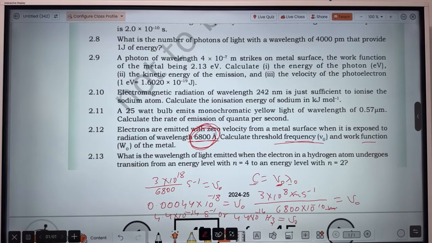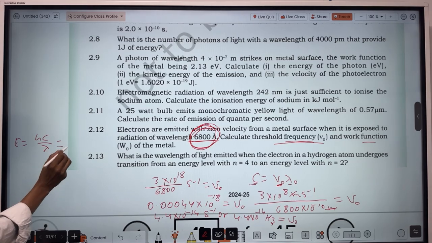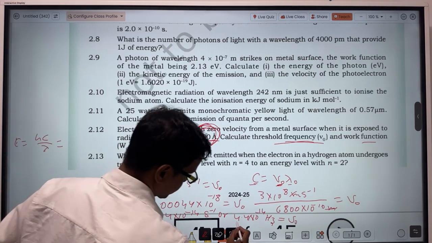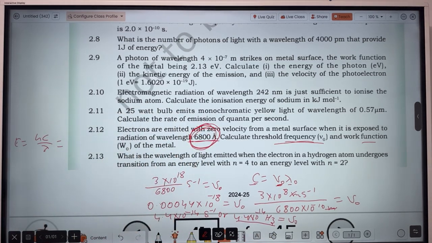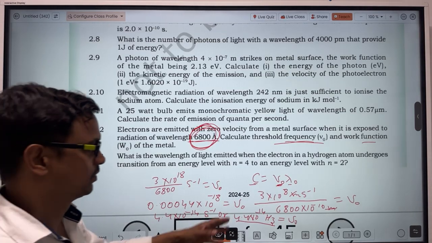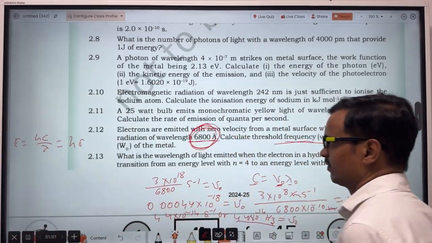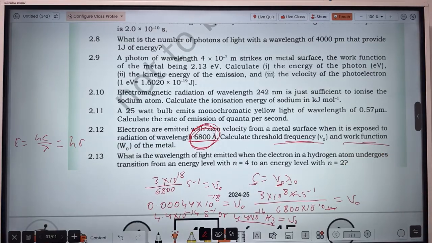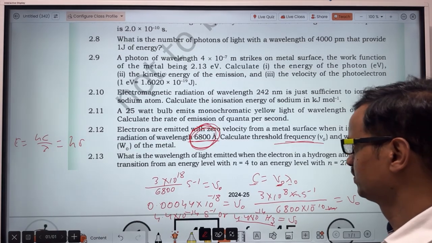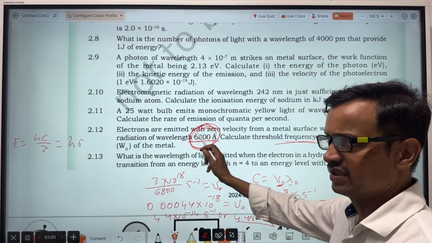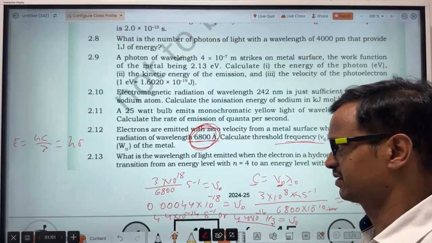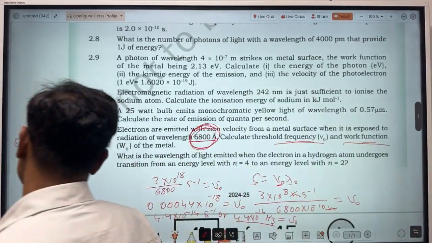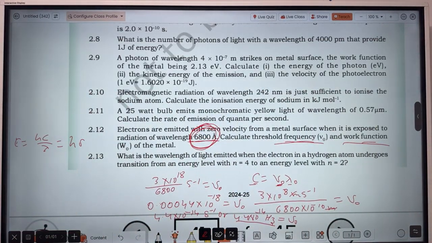Work function E equals hc upon lambda. You know this already, or since you have calculated the threshold frequency, you can also do h nu, whatever you would like. In that manner you can find the work function. The work function is equal to the energy of the photon striking the metal surface, and that is equal to h nu or hc upon lambda.